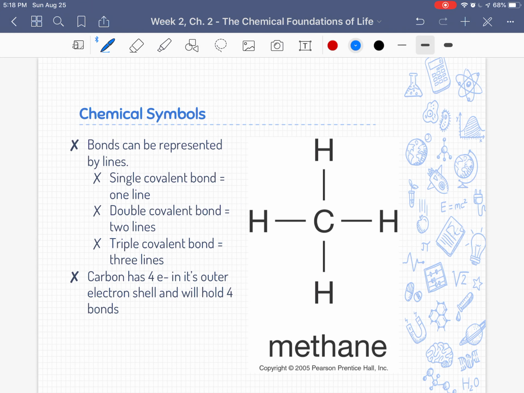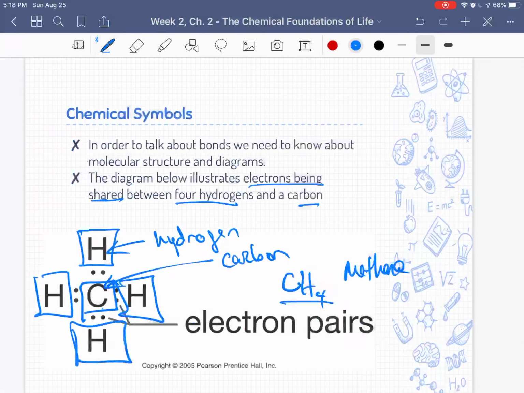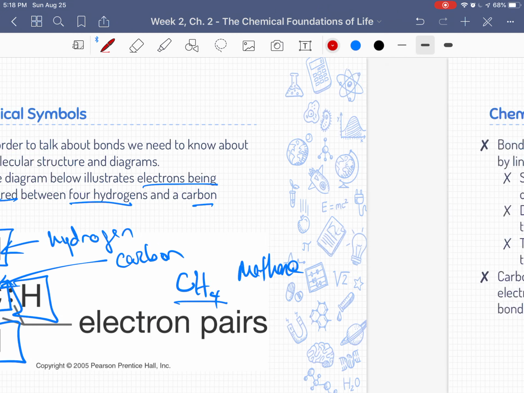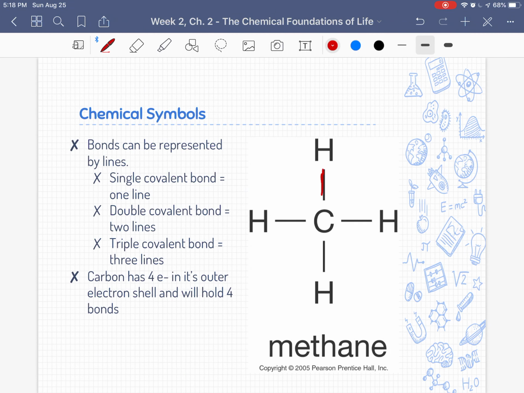So bonds can also be represented by lines. So if we look over here, our bonds are represented by our dots. So they are literally showing those paired electrons being shared. But bonds can also be represented by lines, and you will see them most commonly represented by lines. All right.